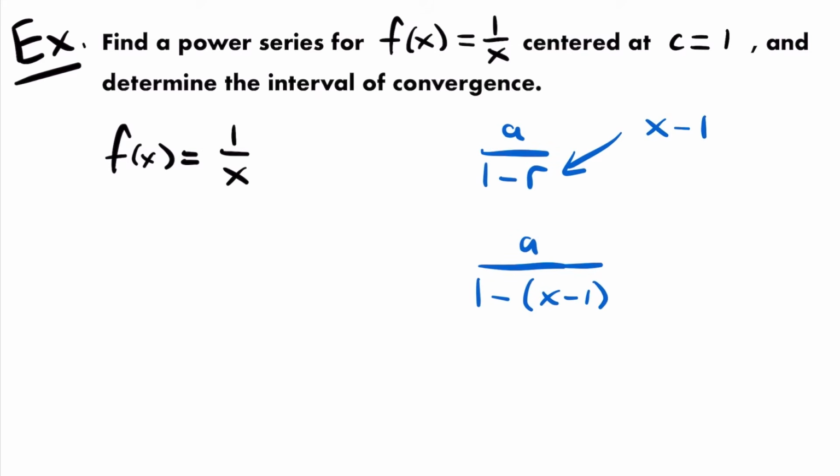All we can do is either multiply by a form of 1 in some way, because multiplying by 1 doesn't change a value, or we could add 0 to the denominator, right? Adding 0 to a denominator is not going to change the value of the function, and so what we can do here is add 0 to the denominator in the form of 1 minus 1, right?